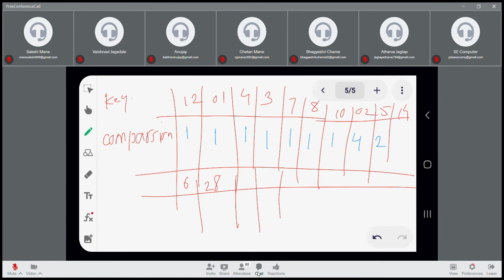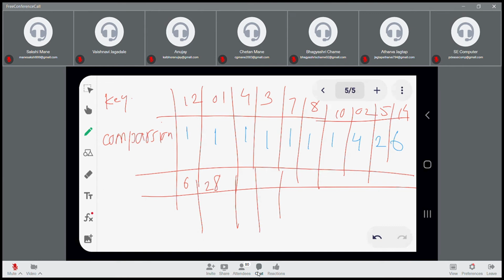Got this concept? Now tell me how many comparisons are required to place 14 in the table? 6. Yes, 6, exactly. 6, correct. Now for 6 and 28.